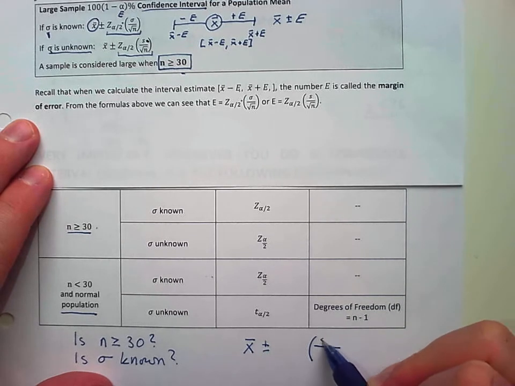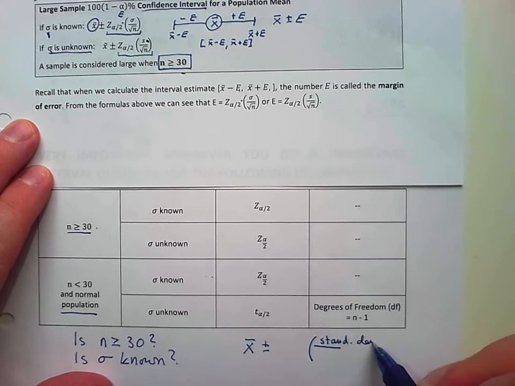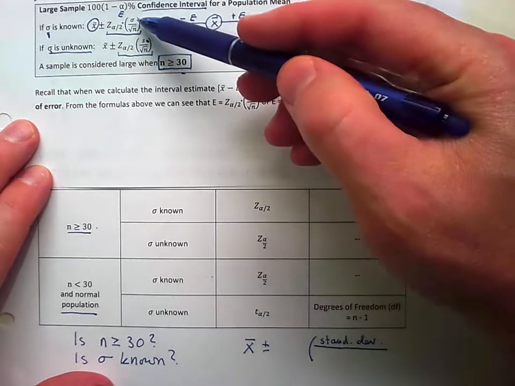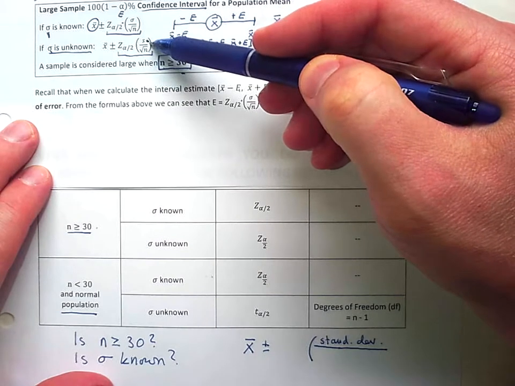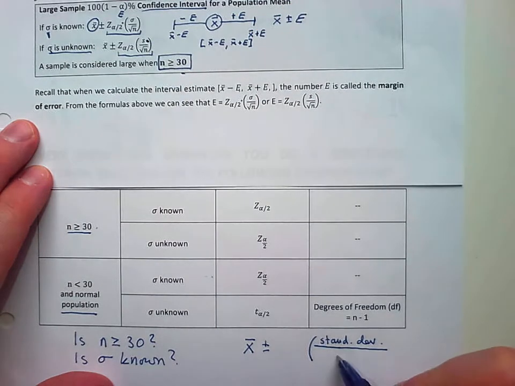Here we're always going to have some standard deviation, I'll abbreviate that as STAND.DEV. Either we're going to use sigma if we know the population standard deviation, or S if we know the sample standard deviation. And then down here we're always going to have the square root of n.